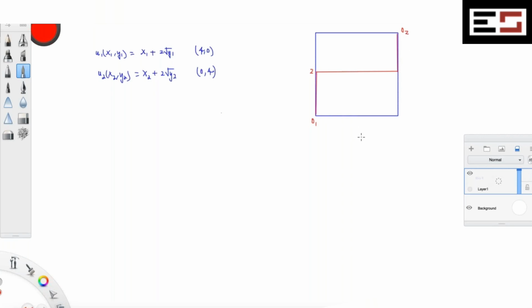Do you agree we'll get all these allocations as Pareto efficient, when these are the utility functions?